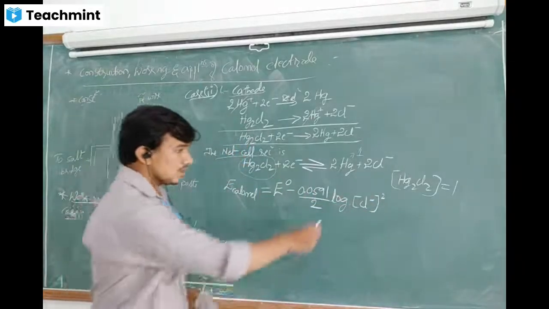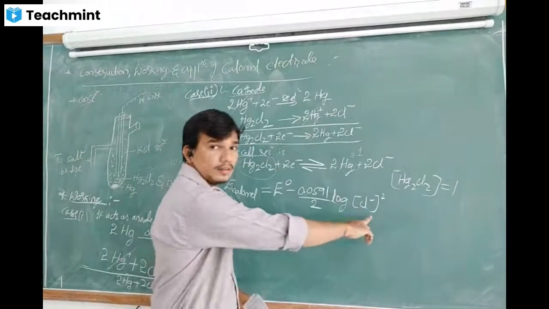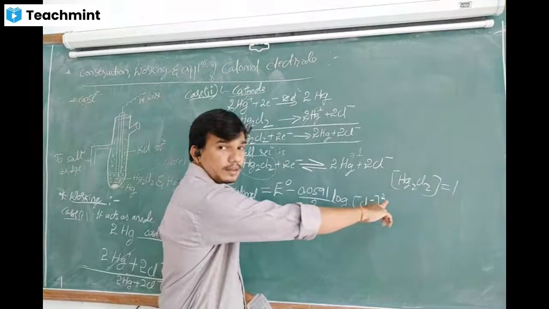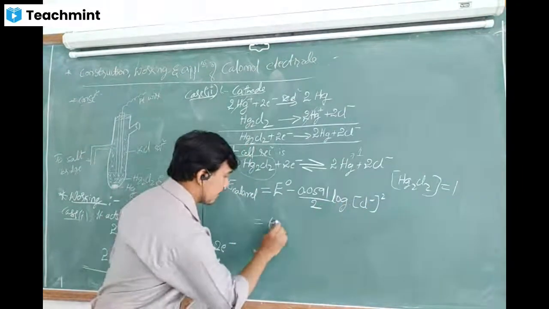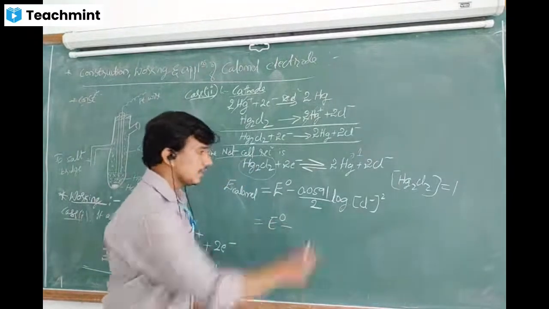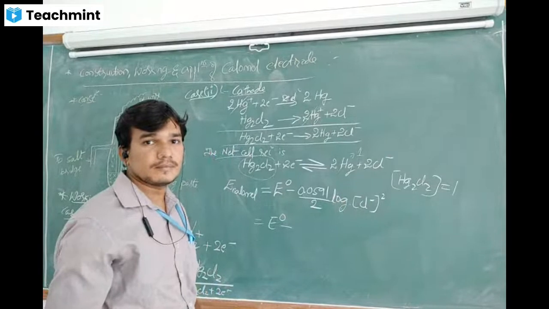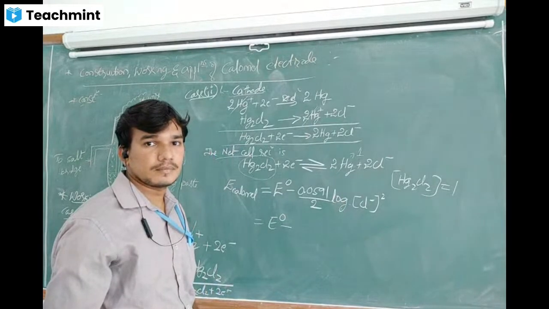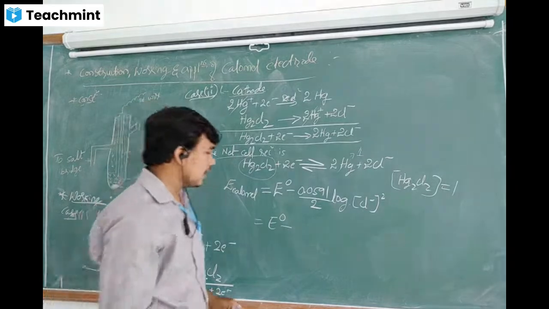Okay. So this is in the form of log m power n. I can simplify this as E naught minus 0.0591 by 2 log m power n, which is n log m.